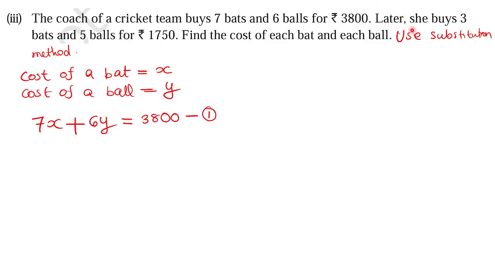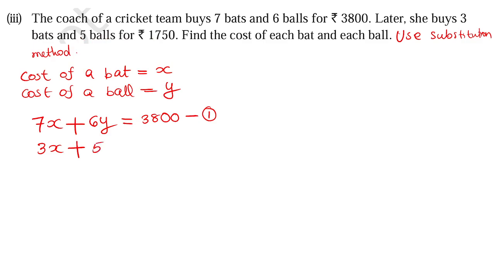Then another situation. She buys 3 bats. What is the price of 3 bats? 3 times X. 3 bats has the price 3X plus 5 balls. 5 balls has the price 5Y.